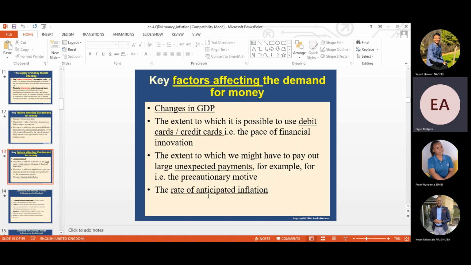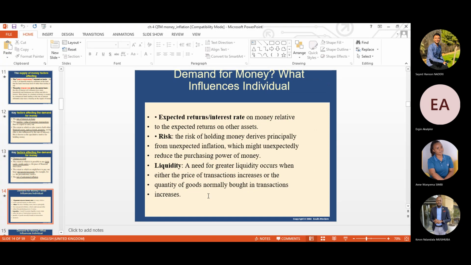Changes in GDP also affect the demand for money, as do the extent to which it is possible to use debit and credit cards, the pace of financial innovation, and the extent to which we might have to pay out large unexpected payments, or precautionary motives, and the rate of anticipated inflation.